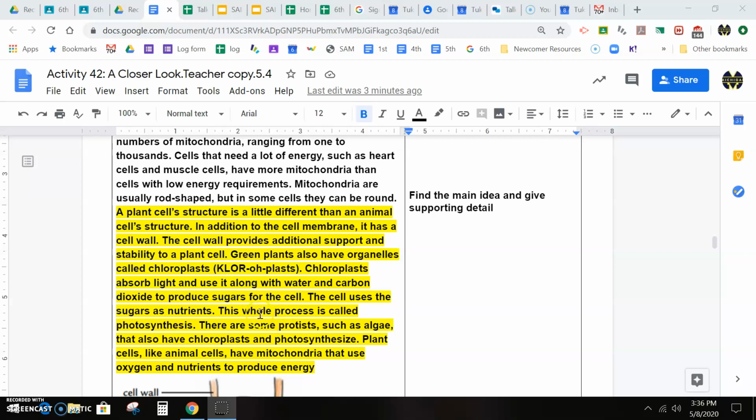So if you don't remember anything from science for the month of April and May, I hope you'll be able to tell me some parts of a cell or some structures in a cell and their functions, their jobs. So again, I'm going to read this with you, and then we're going to pull out the important ideas and type them here on the side.